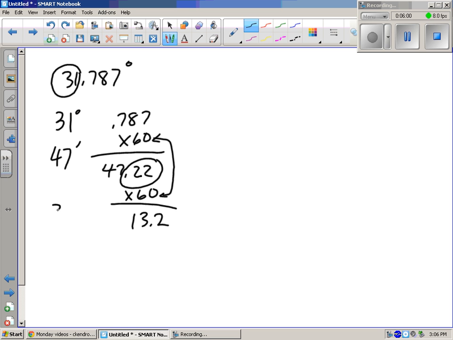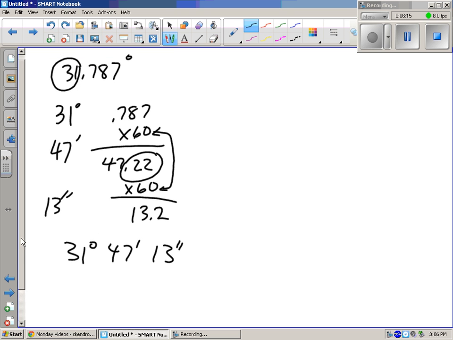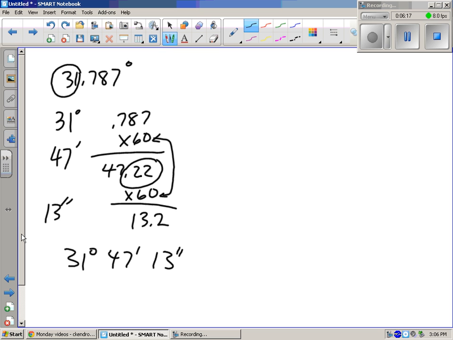We're going to round to the full amount of seconds there. So 31 degrees, 47 minutes, and 13 seconds. Now that wasn't exactly what we had. The other one was 12 seconds, but remember, because we rounded, that might happen.